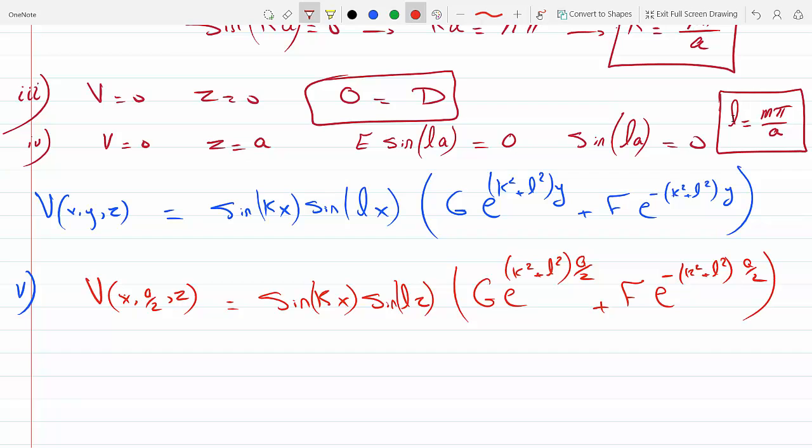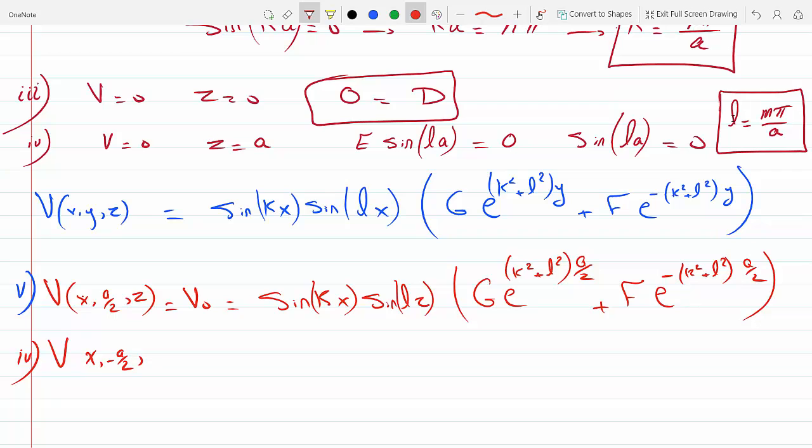And then the last boundary condition was at negative a over 2, which is V0. So this I could set equal to V0 here.